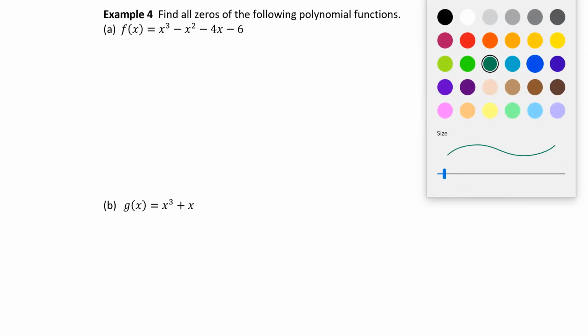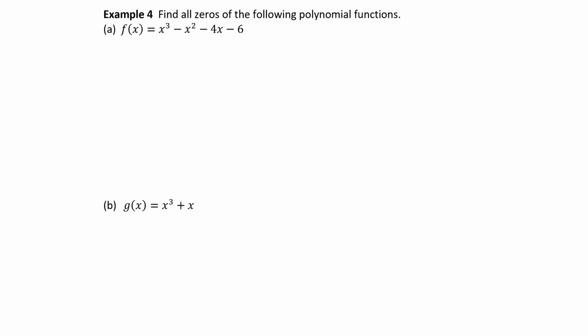We're going to approach the problem in the same way. Example 4, find all zeros of the polynomial functions. On example A, let's observe this is a degree 3 polynomial. So we are expecting at most 3 distinct zeros, maybe less if some of those zeros are repeated.